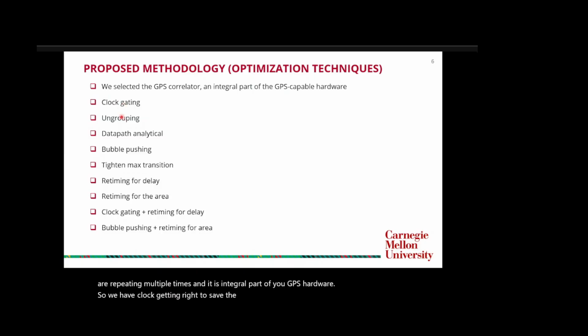We have ungrouping. We have datapath analytical. All these techniques that I'm presenting here, I suggest that when you open the Genus tool, you go to CDNS help and type all these techniques, right? And then you will see, actually, it will show all the examples. It will show you all the theory of what they actually do.